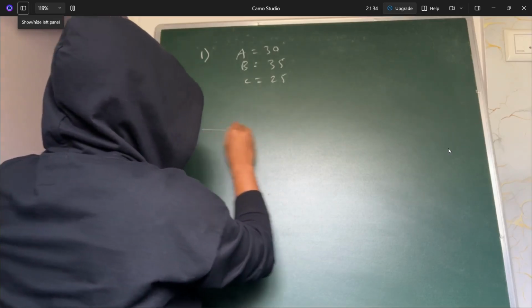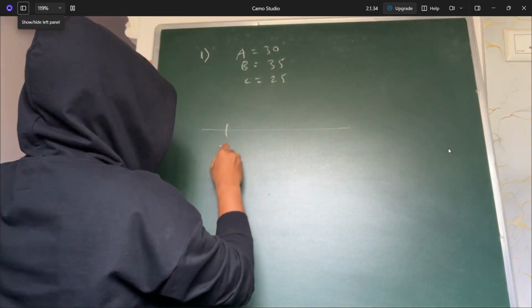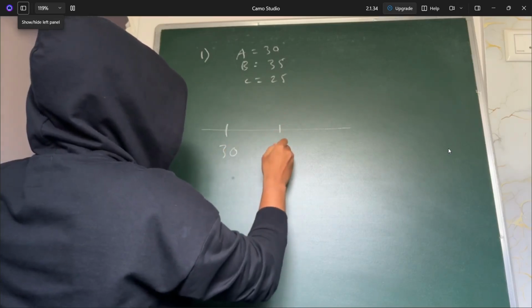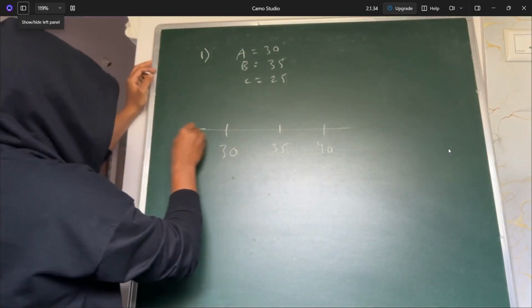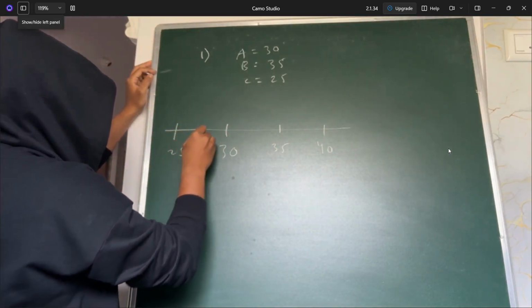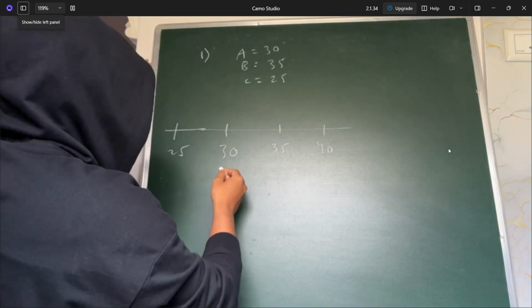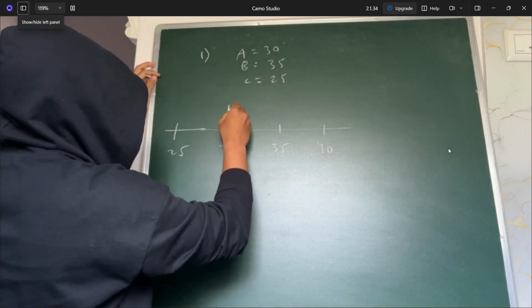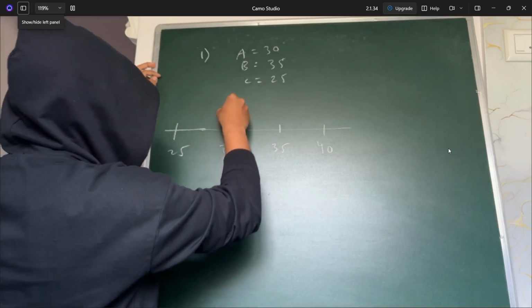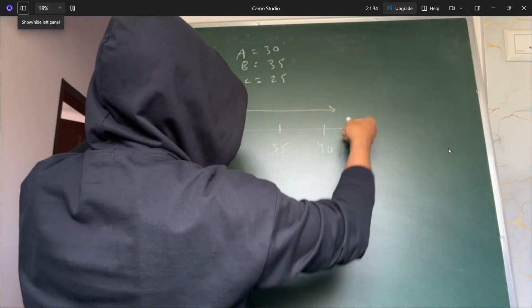If you plot a number line, let's say this is 30 and this is 35, this is 40, and somewhere here it will come, let's say 25. Now Alice is saying the temperature has to be at least 30 degrees. So this is the point where it will start, and it can go anywhere, to infinity.